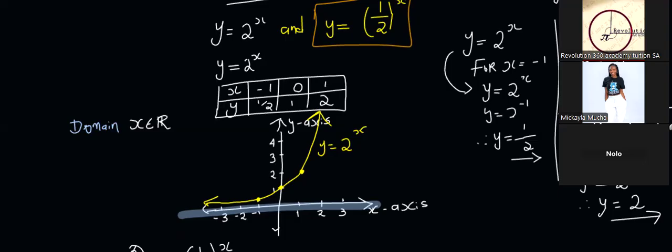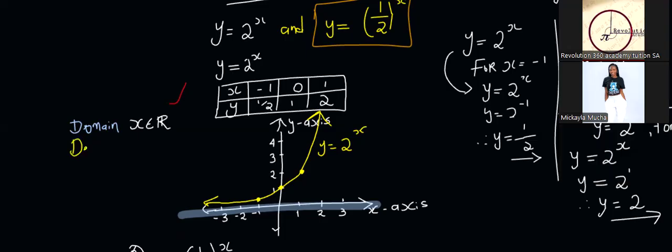And then there's another person who can write the domain like this. We'll say domain, x is an element of negative infinity up until positive infinity.